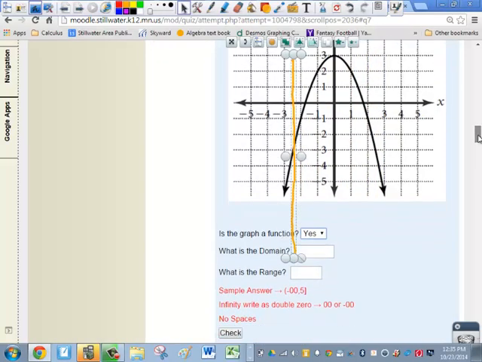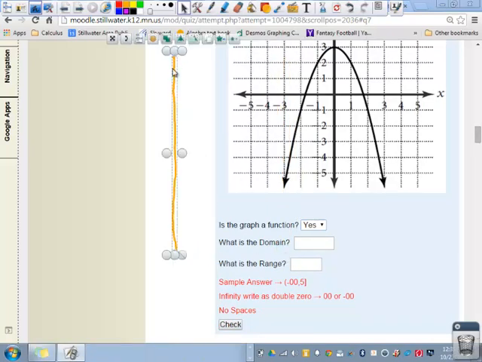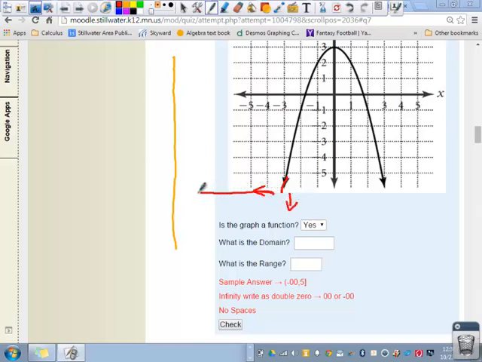Now what else do they want you to define? Oh, what is the domain of this function? Okay, let's get rid of that vertical line. The domain of this function is how far left and how far right it goes. So if you think about it, this function right here is going down, but it's going this direction and it never stops going this direction. So it goes that way forever and ever. I'll never be able to draw a line long enough. So it goes that way to negative infinity. This arrow is going down, but it's also going this way forever and ever as well.